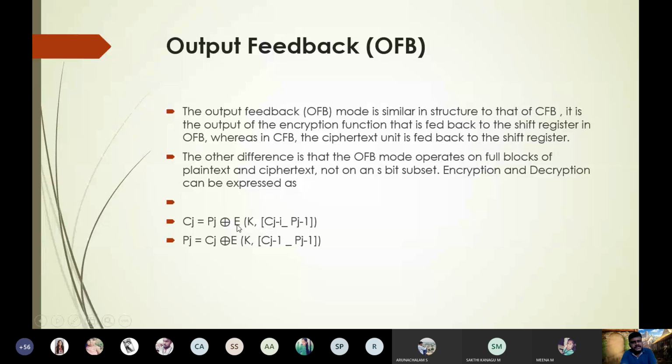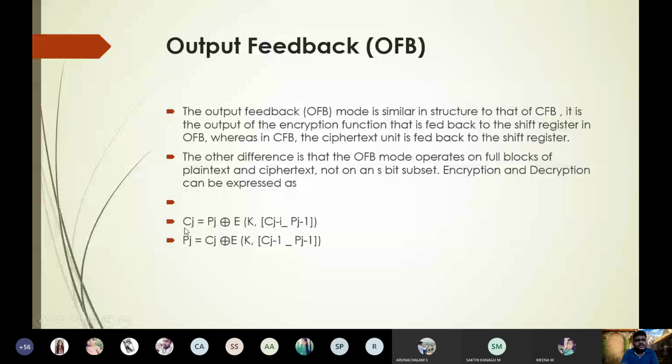So after that I get some encrypted value, and that value will be XORed with P, the plain text of the current one. Now I will get the ciphertext. The same happens in the decryption part also. So this is the output feedback function, and this is the last function among the block cipher modes of operation.